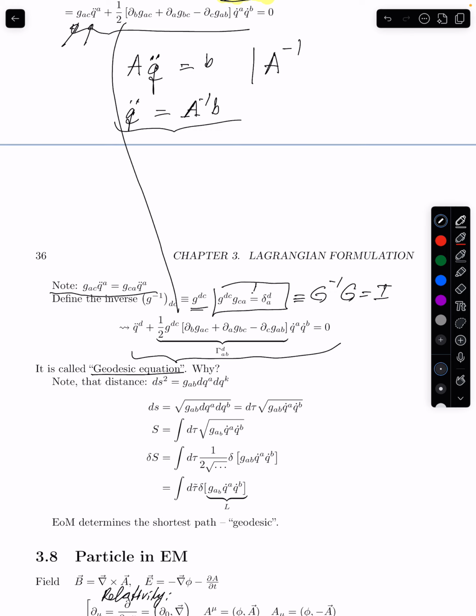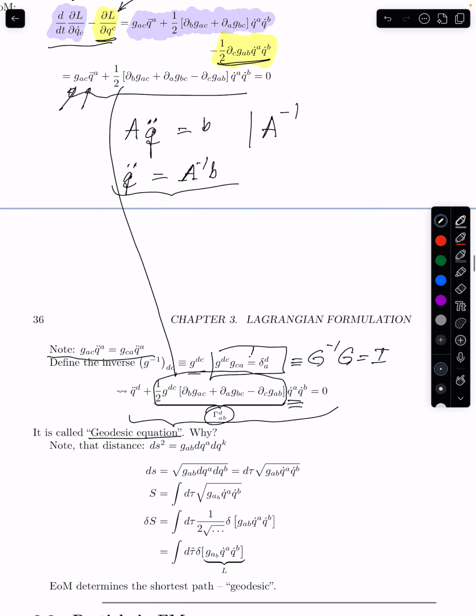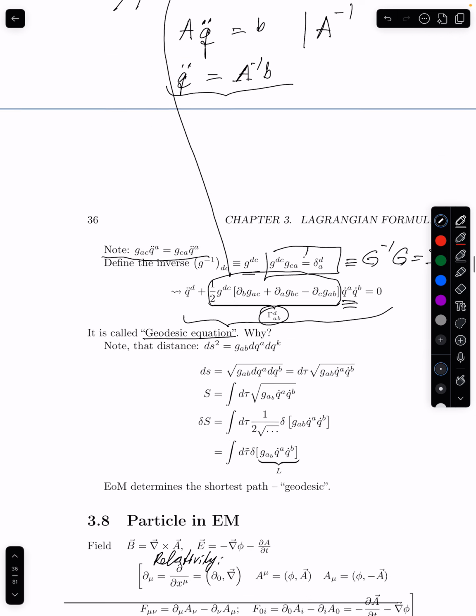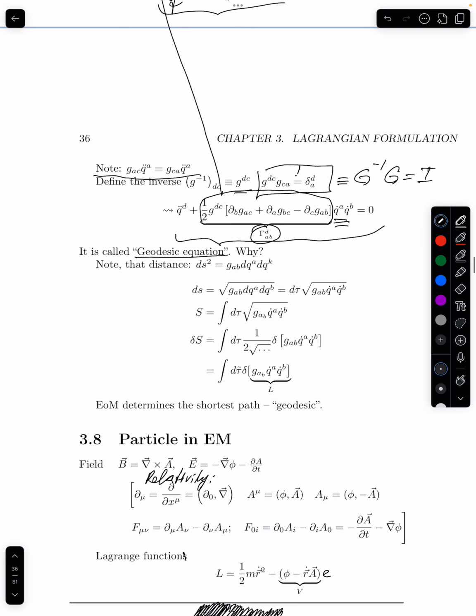Sometimes we also introduce this notation gamma for this combination, called Christoffel symbols. It all multiplies this velocity and equals 0. So these are very straightforward, nice looking equations. They are true for any Riemannian geometry with a Lagrangian which contains only the kinetic term. This is also called the geodesic equation.